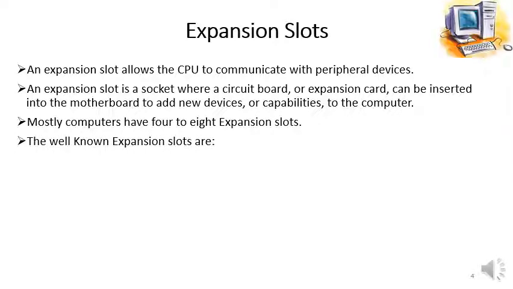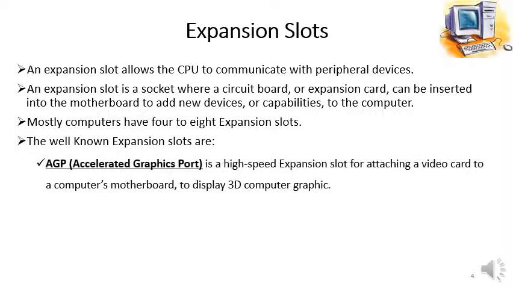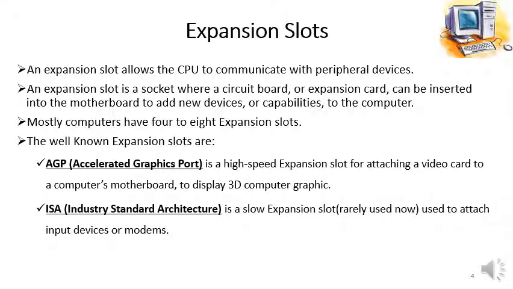The well-known expansion slots are, the first one, AGP, Accelerated Graphics Port. It's a high-speed expansion slot for attaching a video card or graphics card to a computer's motherboard to display 3D computer graphics. The second well-known and commonly used slot is ISA, Industry Standard Architecture. It's a slow expansion slot, and now it is very rarely used in computers, used to attach input devices or modems.